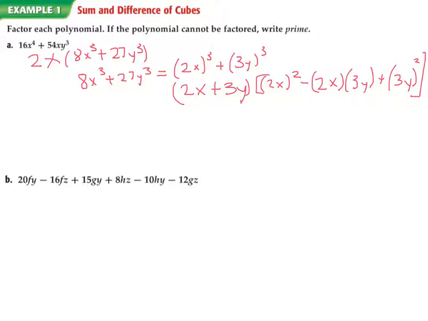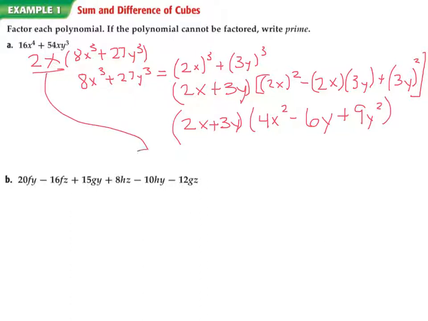And then we can go ahead and simplify. So we have (2x plus 3y) times (4x squared minus 6y plus 9y squared). And then we still have this GCF that we have to include in our final answer.